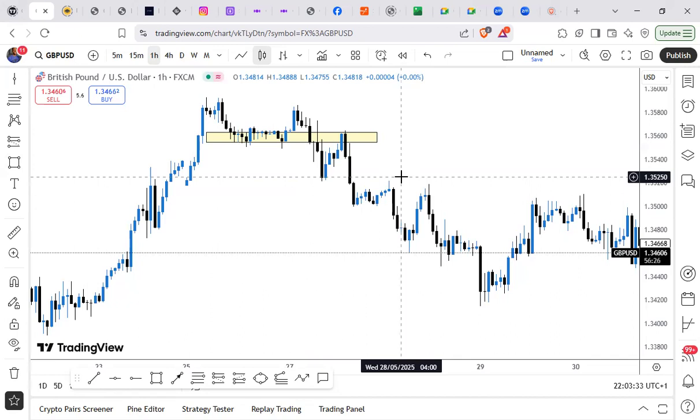We are talking about support and resistance. Yes. Whenever support breaks, it turns to resistance. Whenever resistance breaks, it turns to what? Support. Do you understand that? Yes.